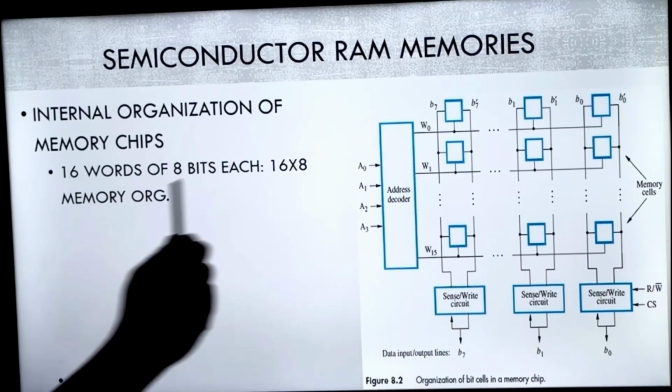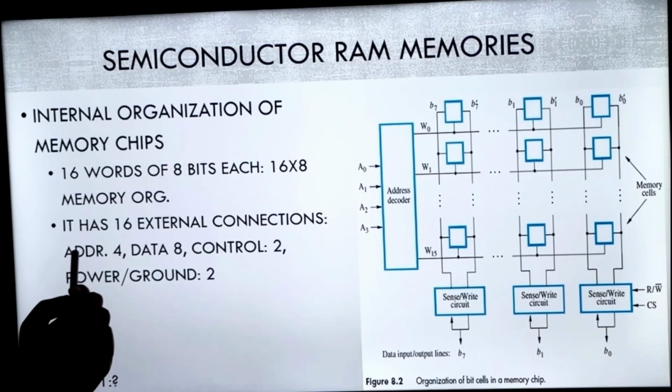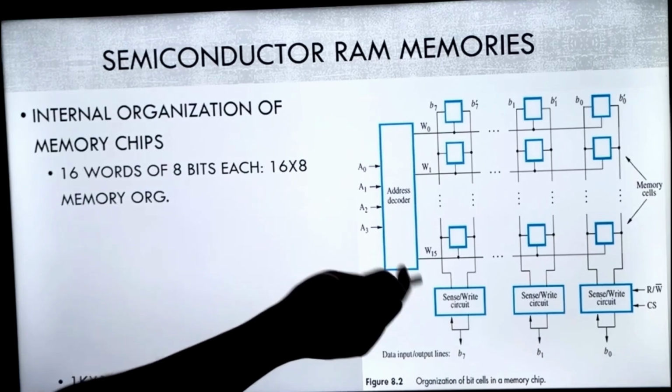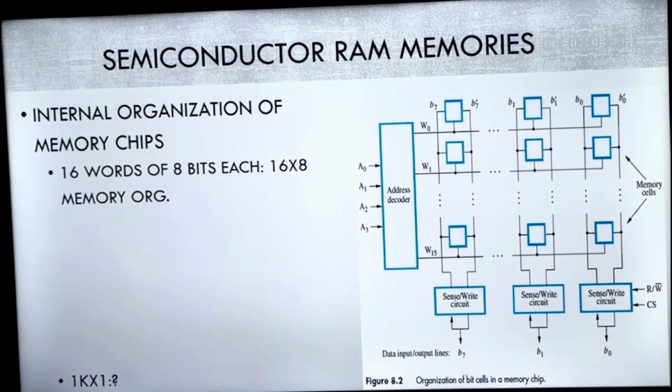Fine. Now in the exam you may get a question. The block diagram is fine, it's easy to draw. The question is how many external connections you need to complete this block diagram. Now I'll make it very simple.